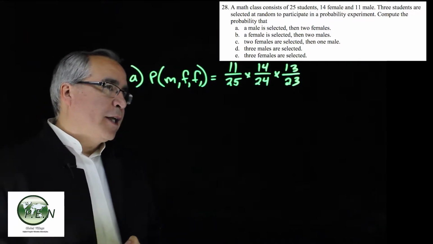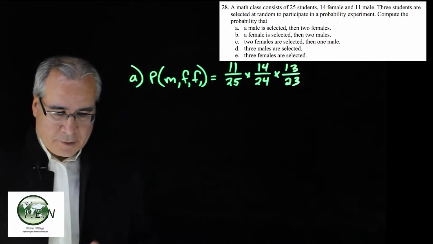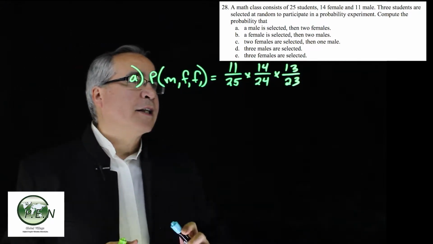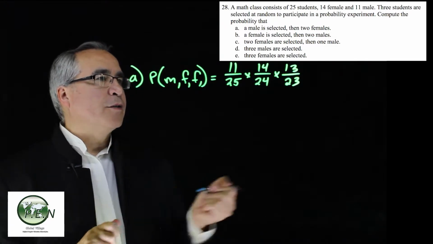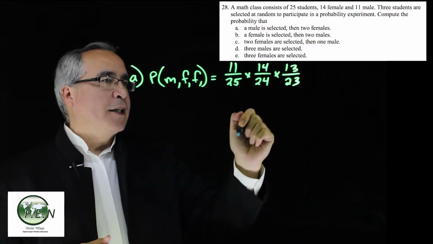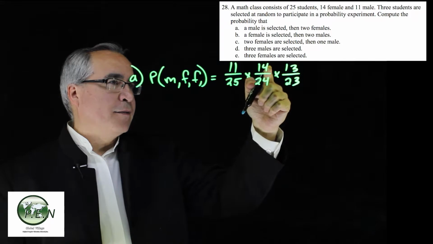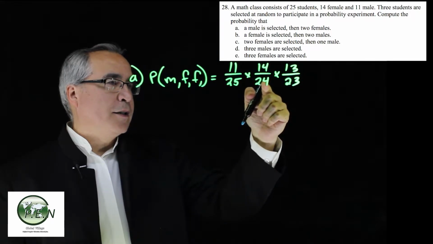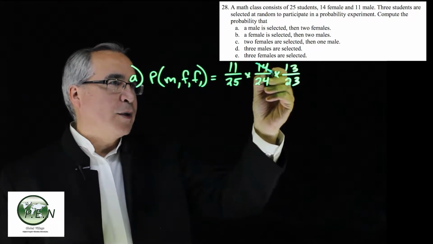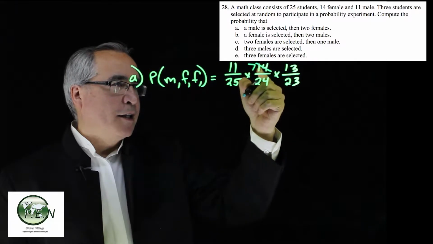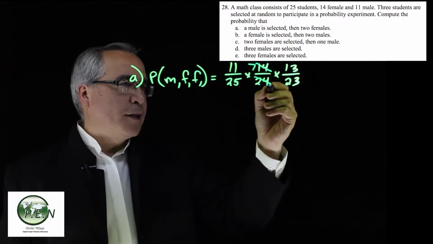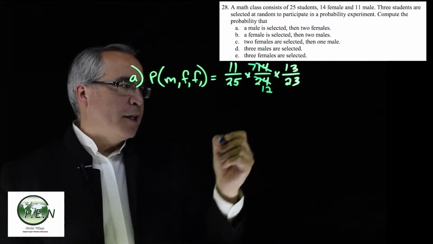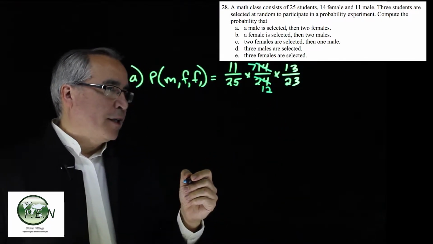And so we're going to multiply these all across. However, before we do that, let's see if we can do some reducing. 2 goes into 14 7 times, 2 goes into 24 12 times, so that'll make a 12 down there.